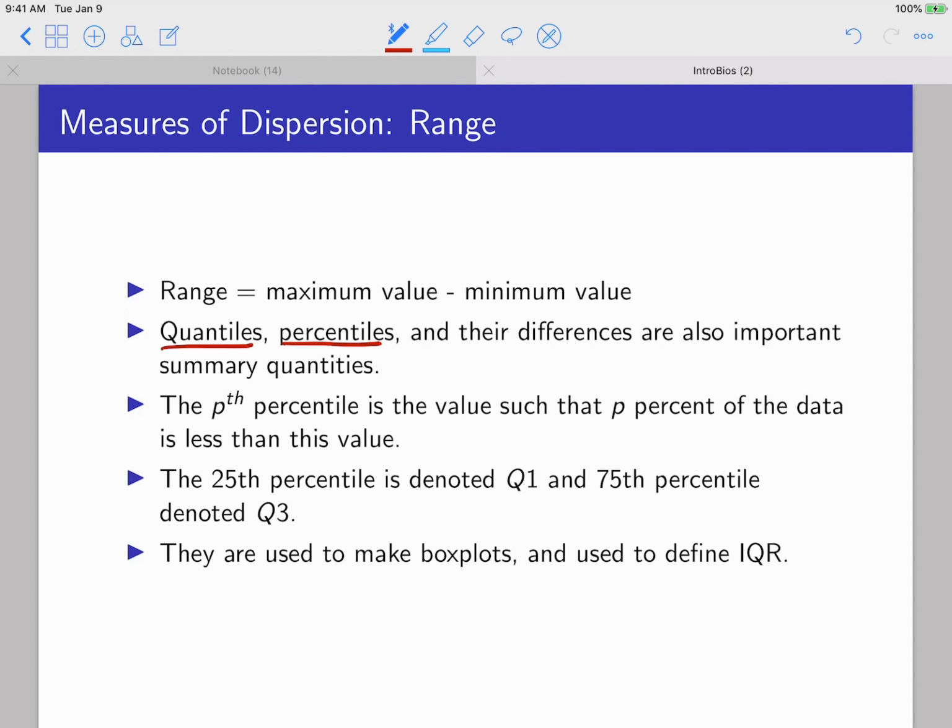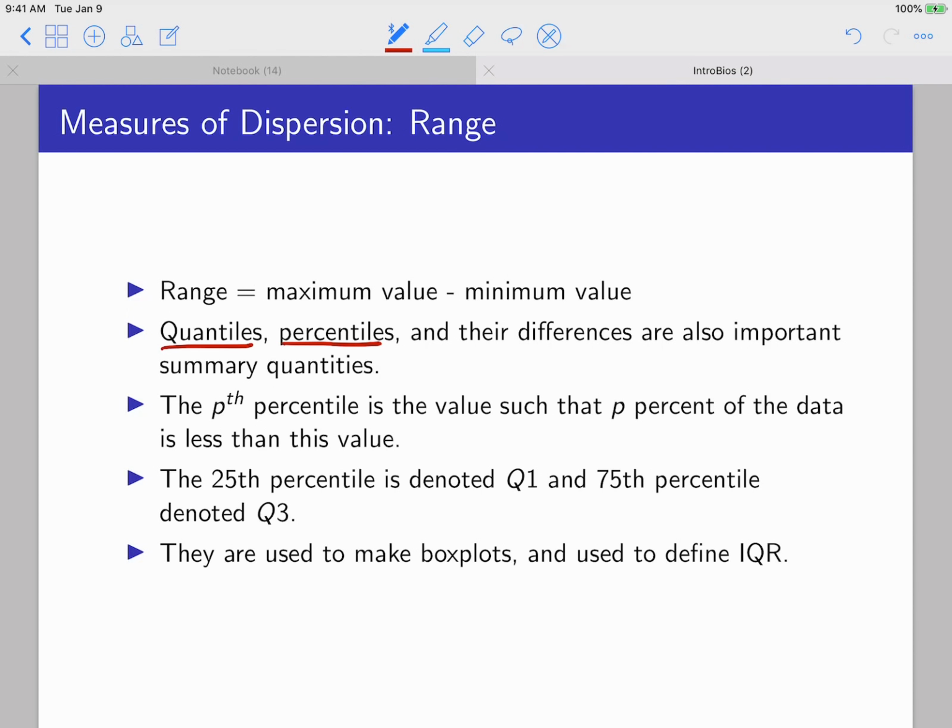The 75th percentile is denoted Q3, the third quartile. For Q1, 25% of the data has value less than that value. For Q3, 75% of the data would have a value less than that data point.